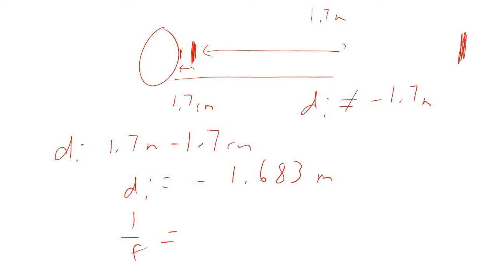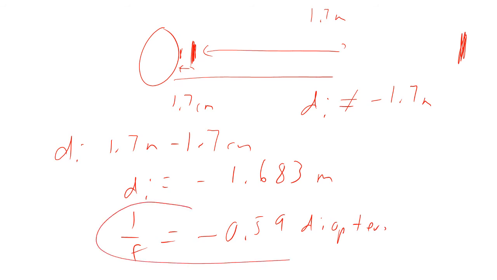Well, 1 over f, if you do the mathematics, still turns out to be minus 0.59 diopters. So it makes no difference with glasses or contacts for this person.